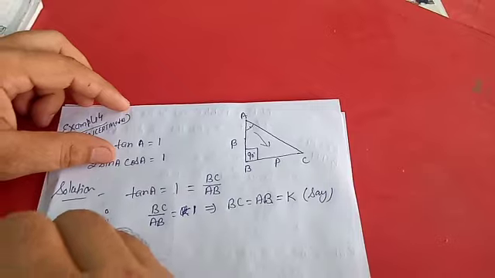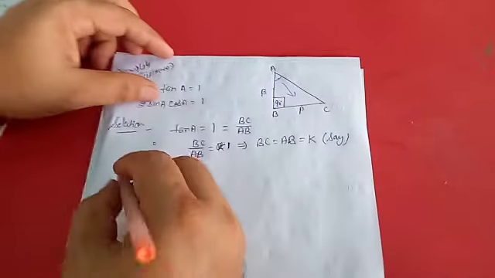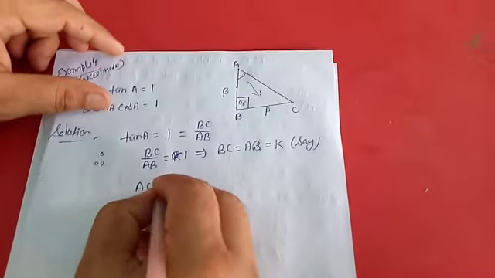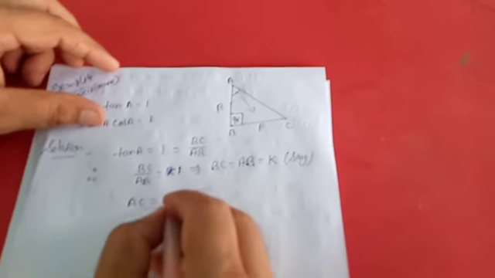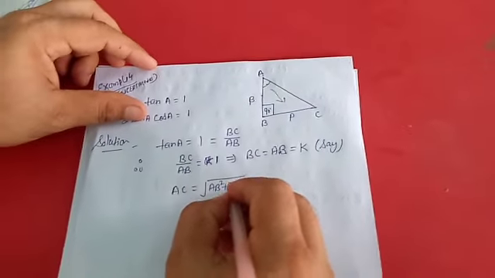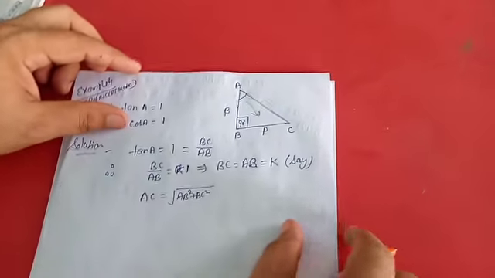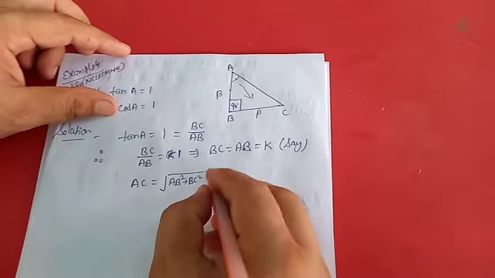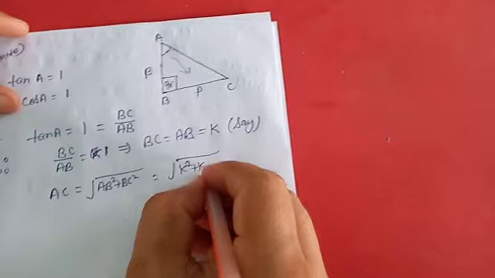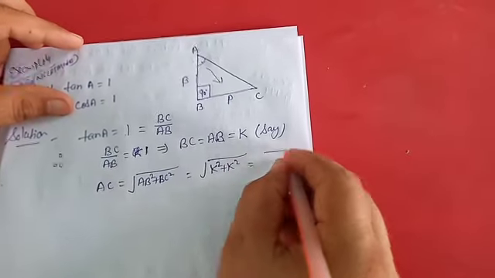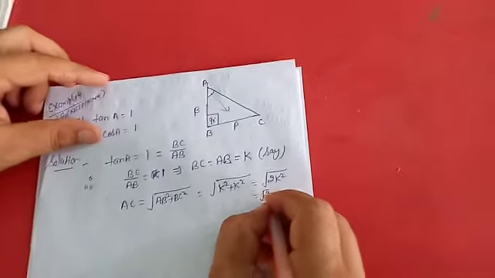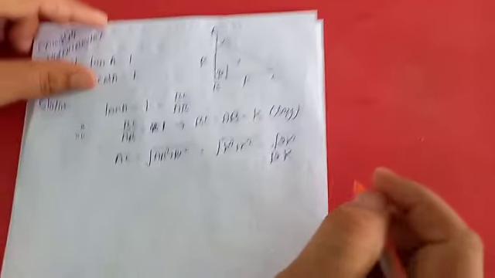See, we need to find sin A cos A. We need what? AC. We know AC equal to what? Under the root AB square plus BC square. So what's coming? K square plus K square equal to what? 2K square. So what's under root 2K square?